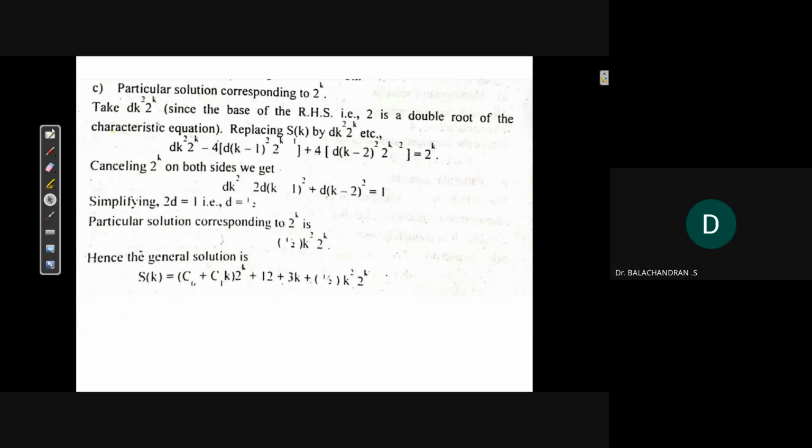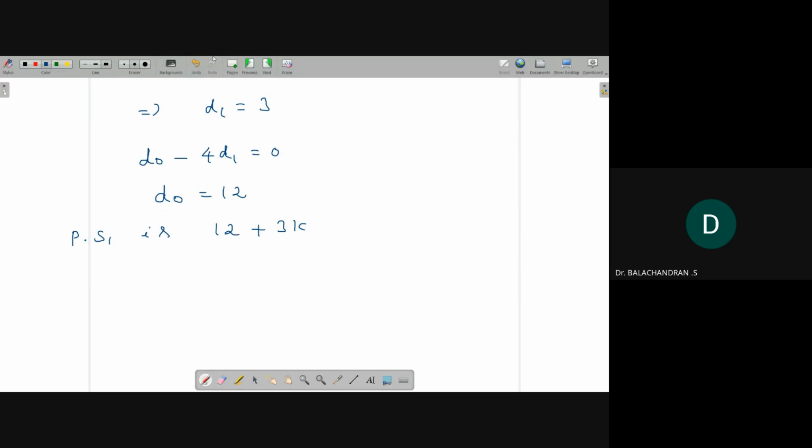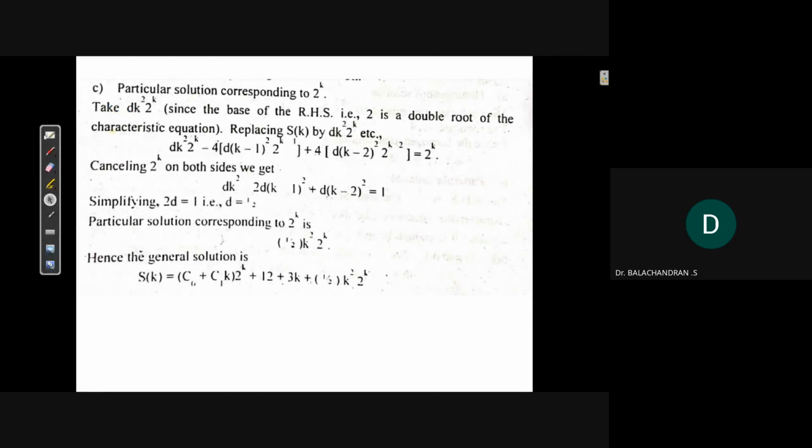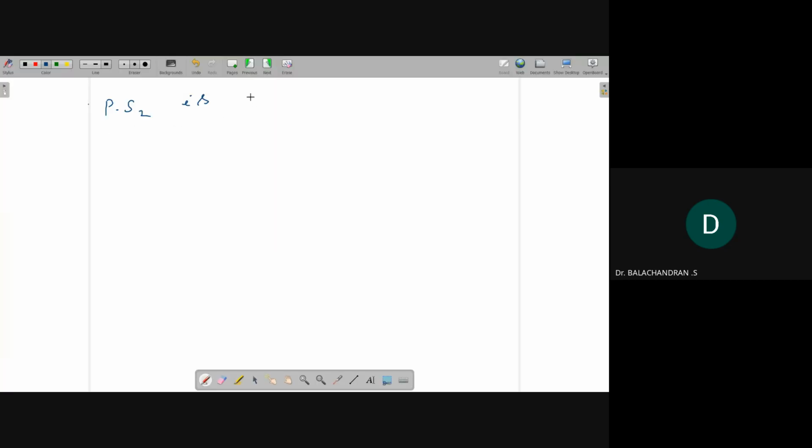So I'll write here particular solution 2 is 2 power k.